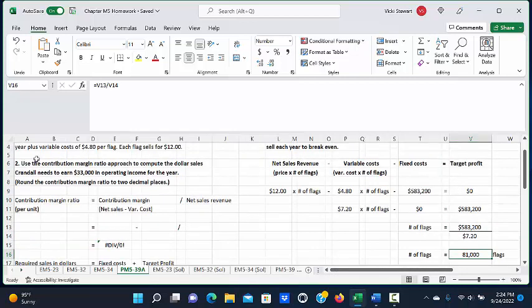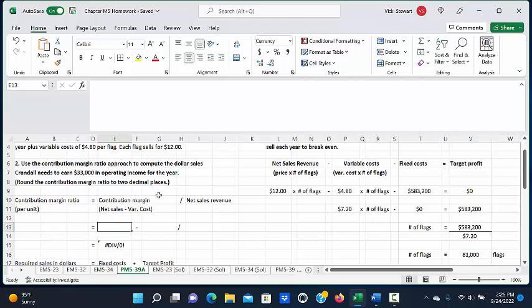The second part of the problem asks us to use the contribution margin ratio approach to compute the dollar sales that Crandall needs to earn $33,000 in operating income for the year. So first we need to compute the contribution margin ratio per unit.